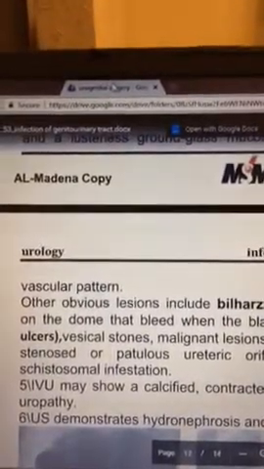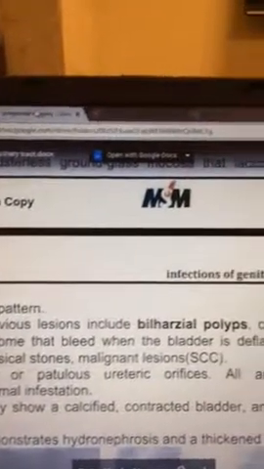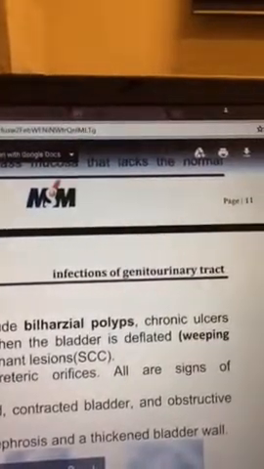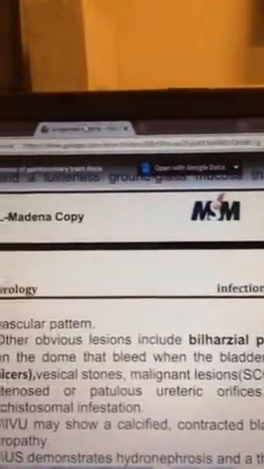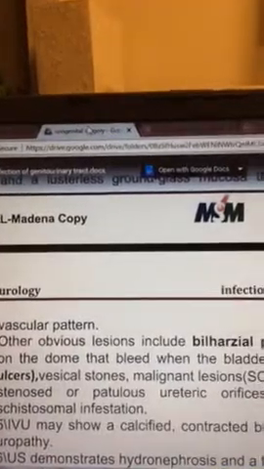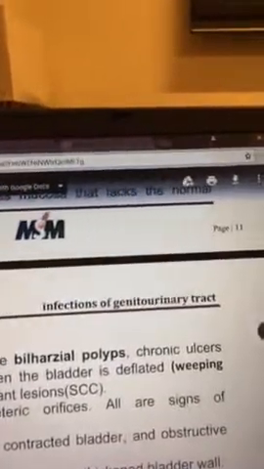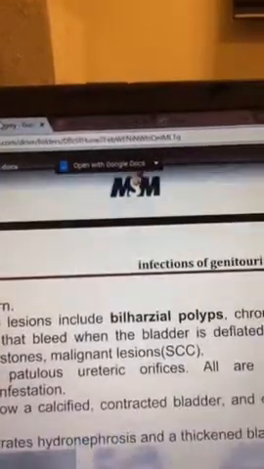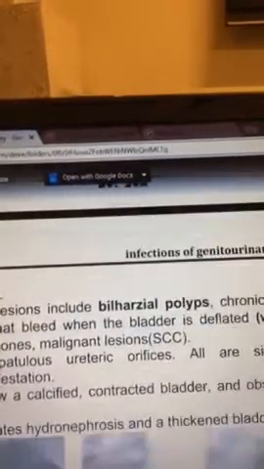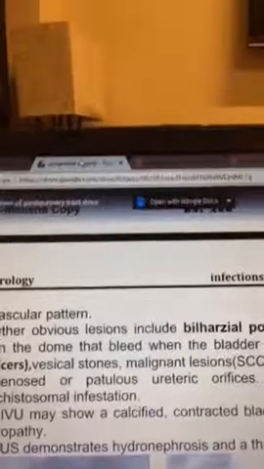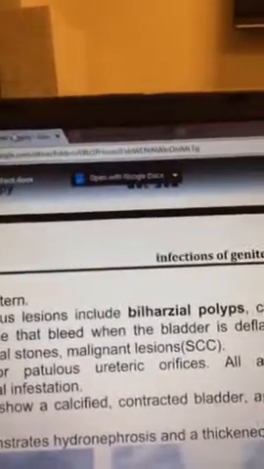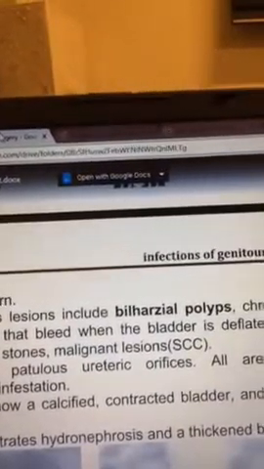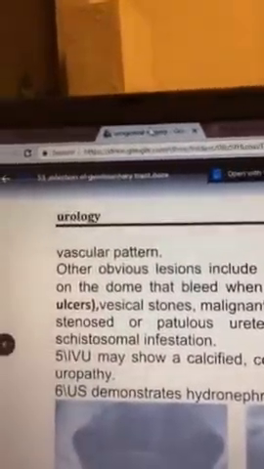Other obvious lesions include bilharzial polyps, chronic ulcer on the dome that bleeds when the bladder is deflated, weeping ulcer, vesical stones, malignant lesion, stenosis or patulous ureteric orifice, all are signs of schistosomal infestation.